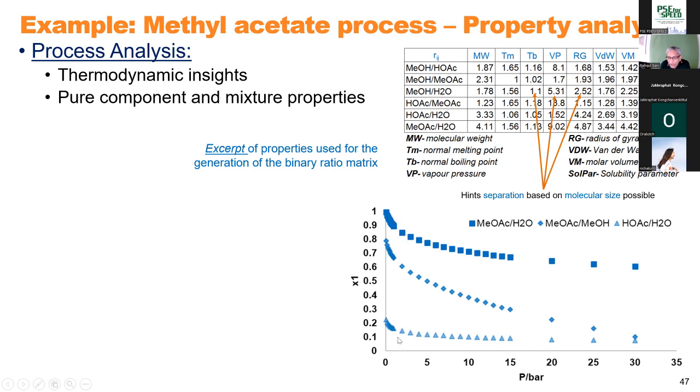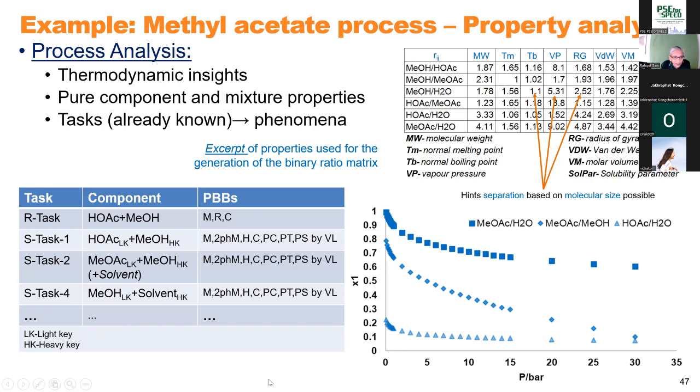So we can take advantage of changing the pressure to get the separation we want. So thermodynamic insights and pure compound values tell us something about the separation problems. That separation of methanol water is easy. We have to worry about separating azeotropes, but if we can play with the pressure, separating the azeotropes could be easier.